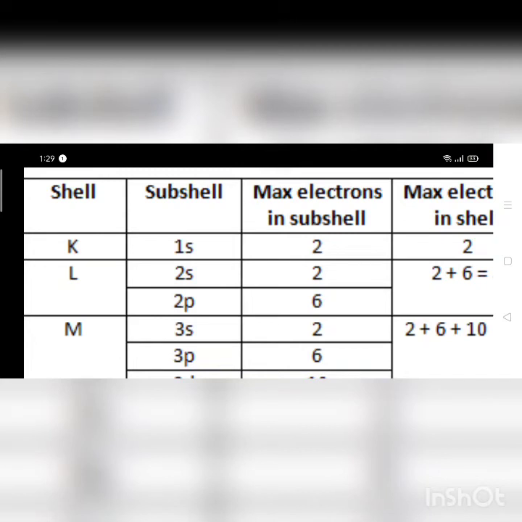There are 4 types of subshell: S, P, D, and F. S is at the lowest energy level, P has more energy than S, similarly D is at higher energy than P, and F is at higher energy than D.